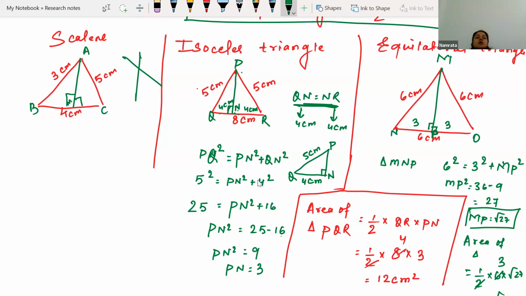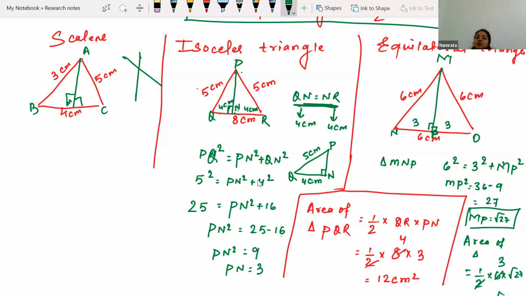And there comes Heron. The mathematician says, use my formula, and my formula is a magical formula. It will help you to find the area of a scalene triangle. It will also help you to find the area of isosceles and equilateral triangles. Whatever be the type of triangle, you can use my formula and you will be able to find the area.